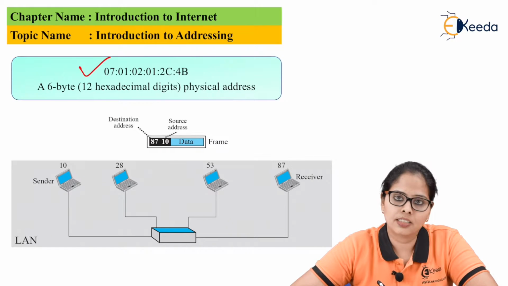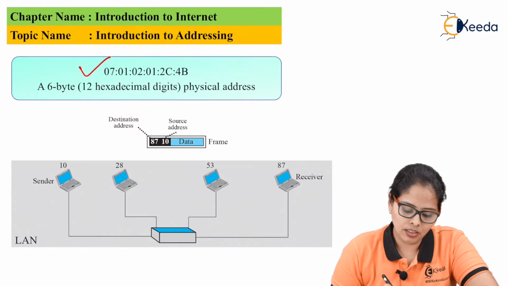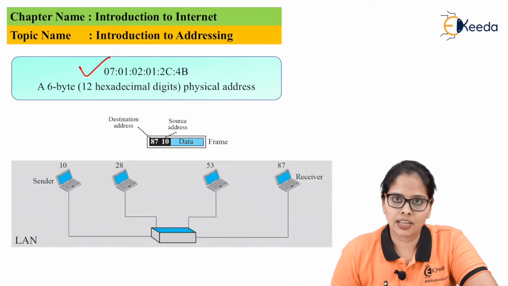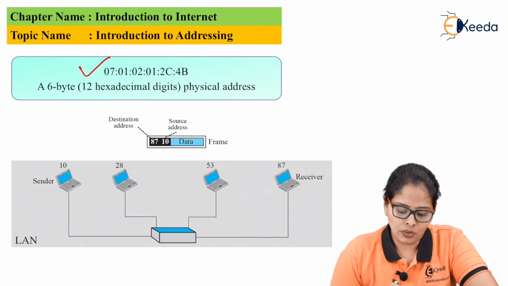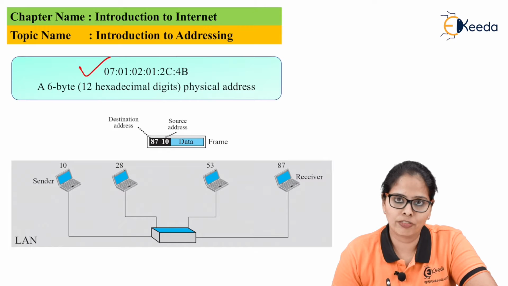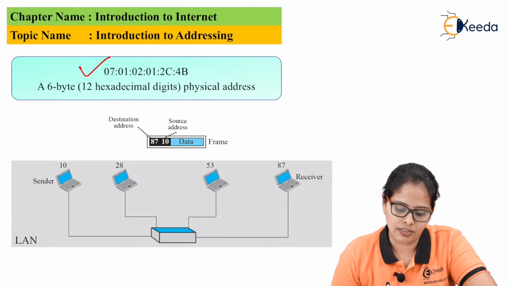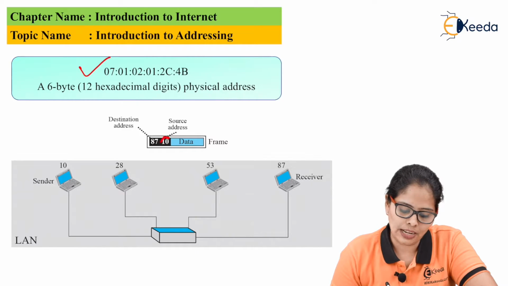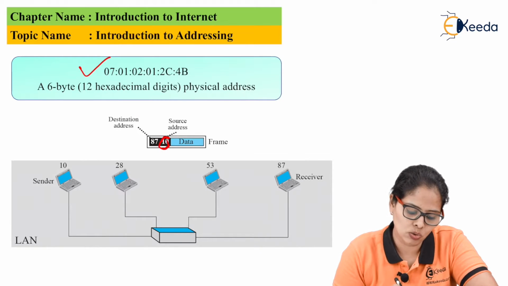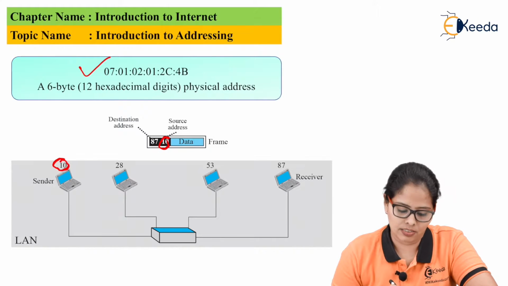Now let us consider this diagram. Over here there are 4 devices connected. Let us consider this is a frame. It is showing one frame, with the destination as well as the source address. So what is my source address? The source address is 10. So this user is acting as the sender.